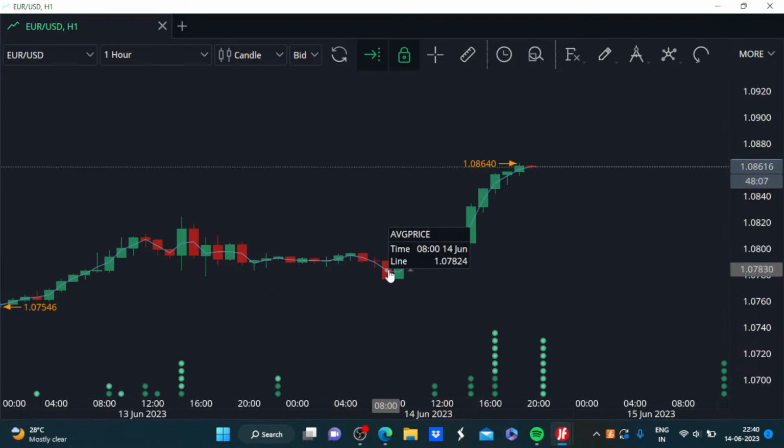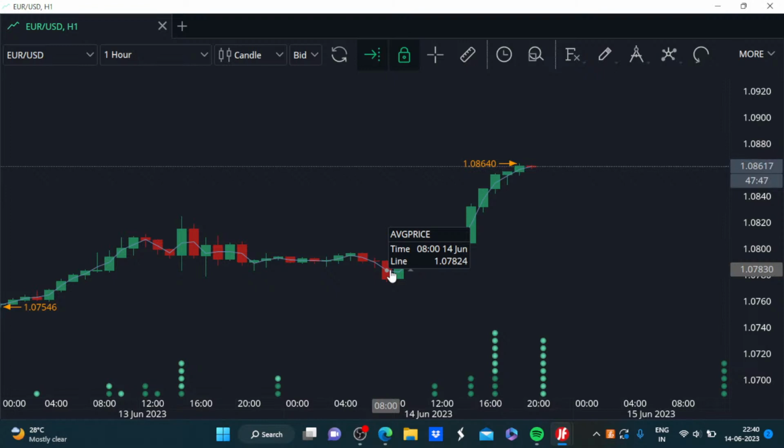So this kind of reversal can also be captured using this average price mechanism. We can even go for continuation. So both kinds of possibilities can be exploited. We can target the trend change as well as the continuation of the trend using these indicators.